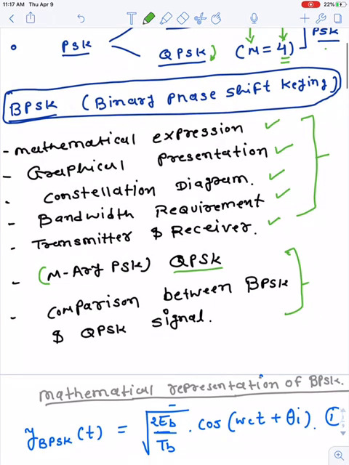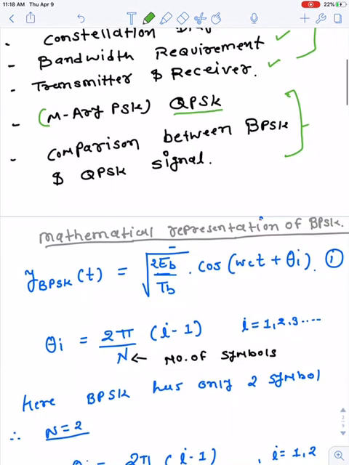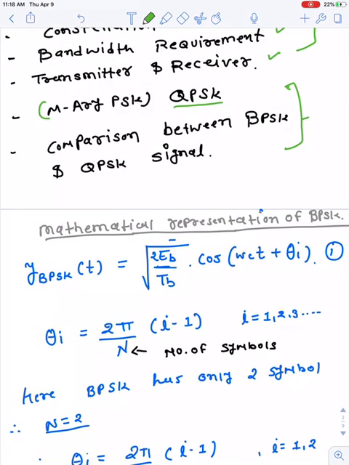We will start first with the mathematical expression, how to represent the PSK signal. As already mentioned, the PSK signal is a signal in which the information of the input has been stored in the form of phase.